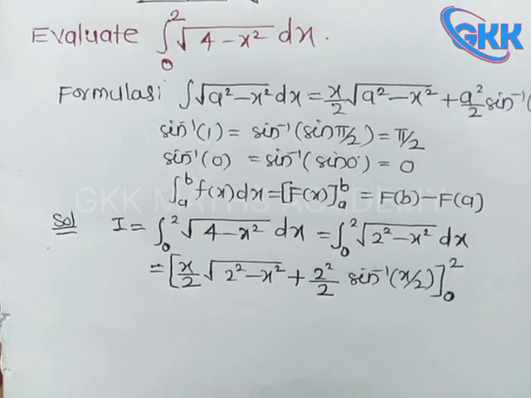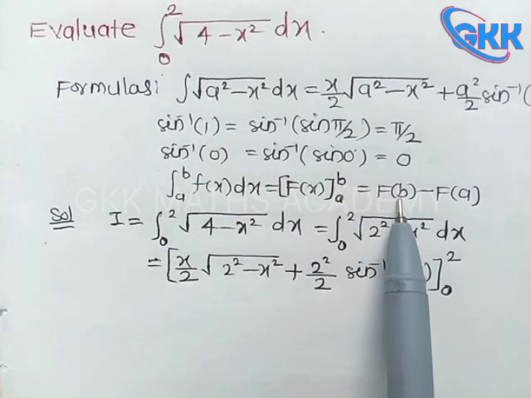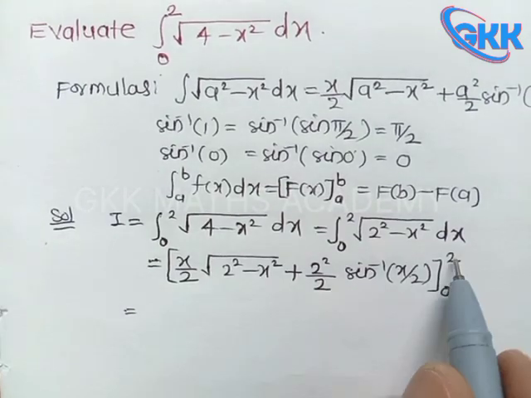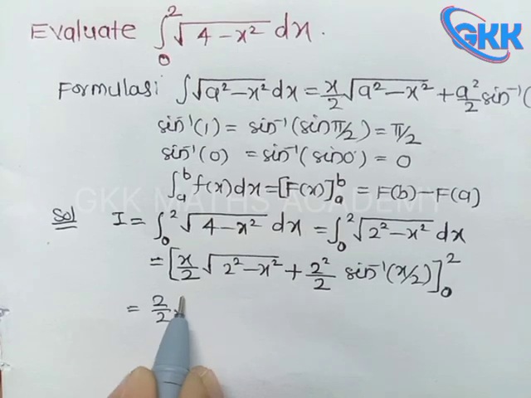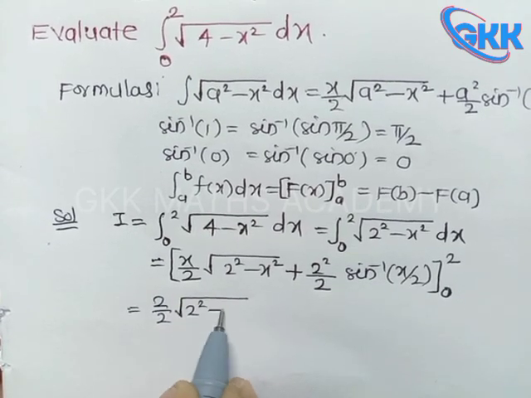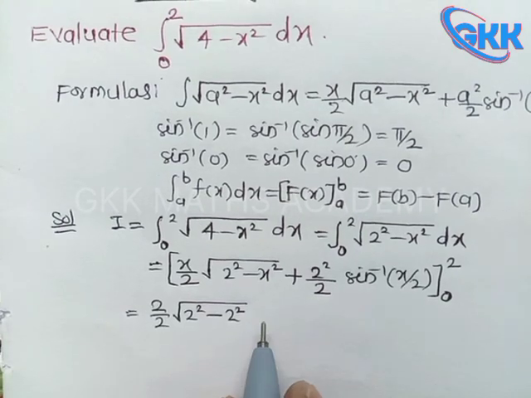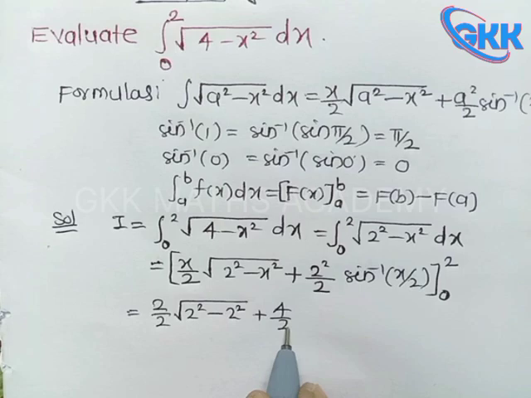Cleared all of you? Now how do we apply? In this form a to b, upper limit minus lower limit. What is the upper limit? 2. In place of x we substitute 2: 2 upon 2 square root over 2 square minus 2 square, plus 4 upon 2 sine inverse 2 upon 2.